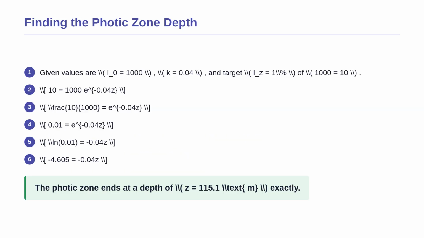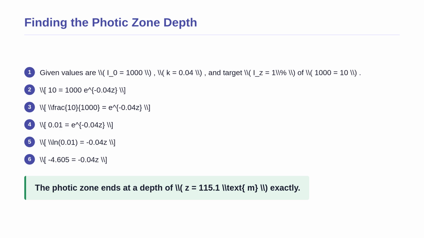Let us see this formula in action. We want to find the bottom of the photic zone, defined as the depth where light falls to exactly 1% of the surface light. We are given a surface intensity of 1,000 units and an attenuation coefficient of 0.04 per meter. 1% of 1,000 is 10, so our target intensity is 10.